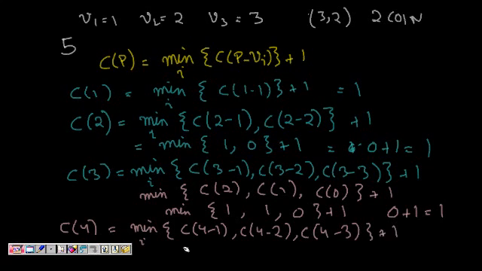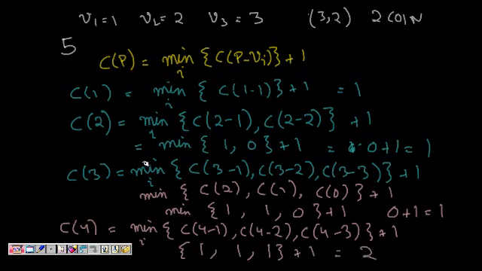So this means I have the best possible changes for C of 3, which is 1, C of 2, which is also 1, and C of 1, which is also 1 coin, plus 1. So this comes out to be 2.